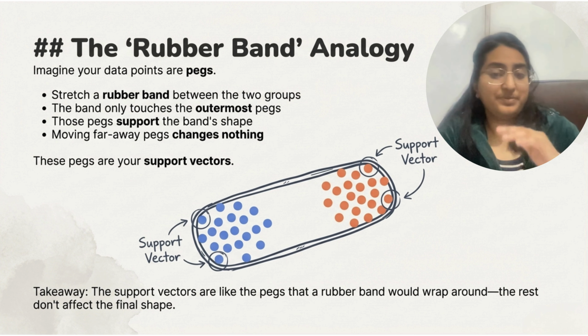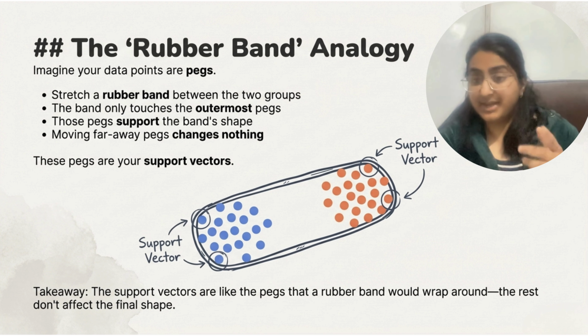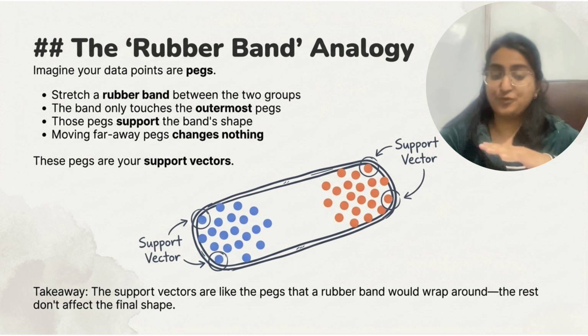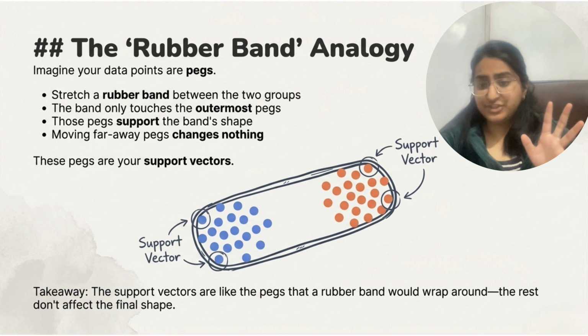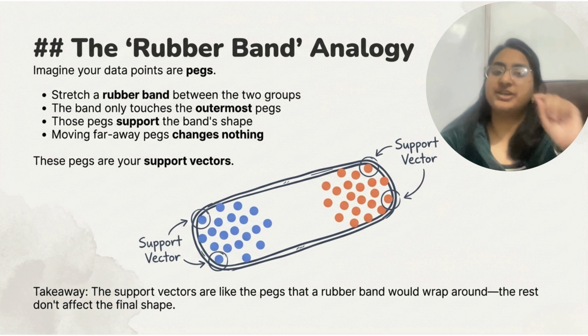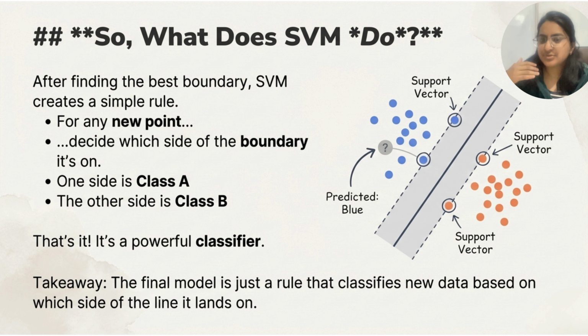Those outer pegs are like support vectors. They decide the final boundary. If I move a peg far away, will the band change? Not much. But if I move an edge peg, it will change the bend. Yes, definitely.